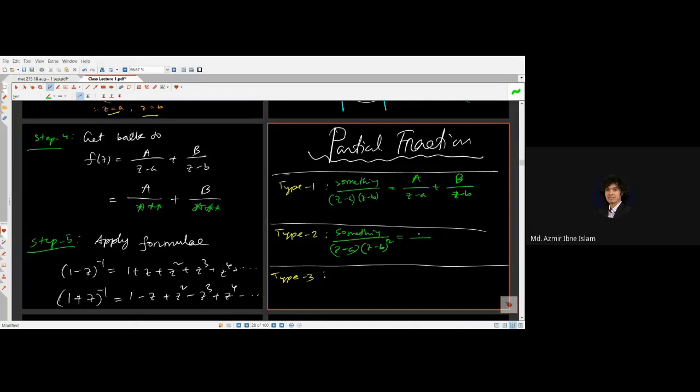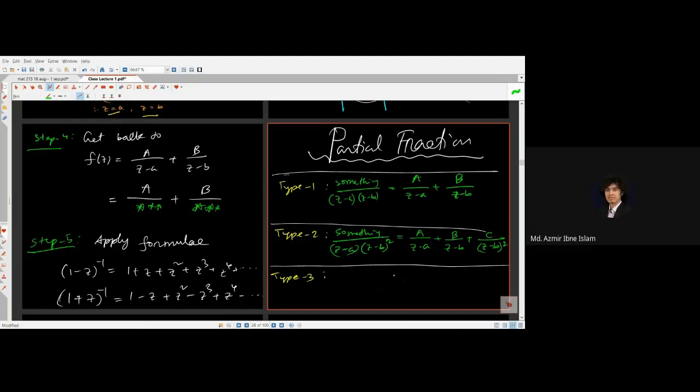So what we have to do, the z negative a factor will come with a constant A, but z negative b squared will come with z negative b and z negative b squared with C. Is that clear? Yes, sir.